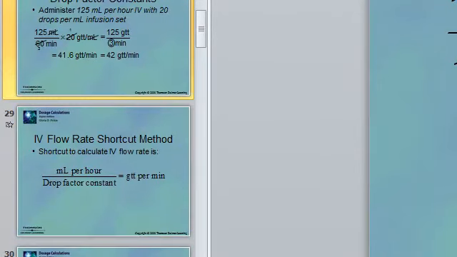So if you have 125 milliliters per hour IV and a 20 drops per milliliter infusion set, you set up your problem as what is ordered over 60 minutes, times the drop factor, milliliters cancels out, and you have 125 drops every 3 minutes, or rounding to the nearest whole number, 42 drops per minute.